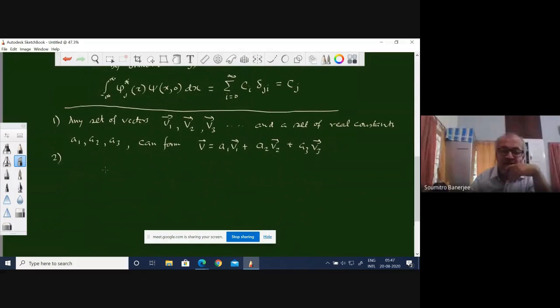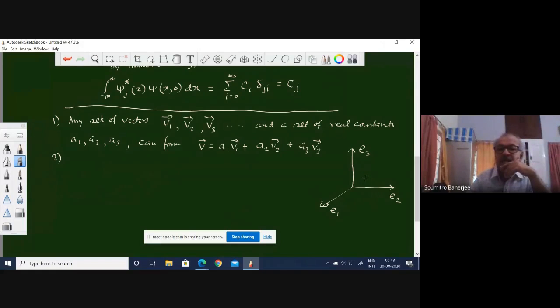is that you can always define coordinates. Suppose this one is E1, this one is E2, this one is E3. So I can define a coordinate system like this.